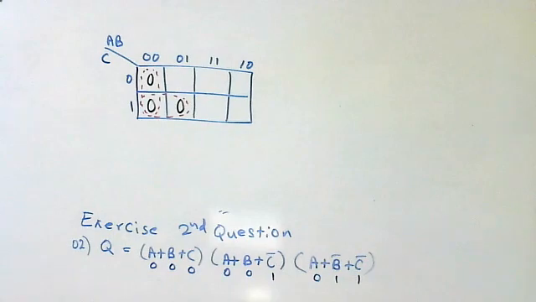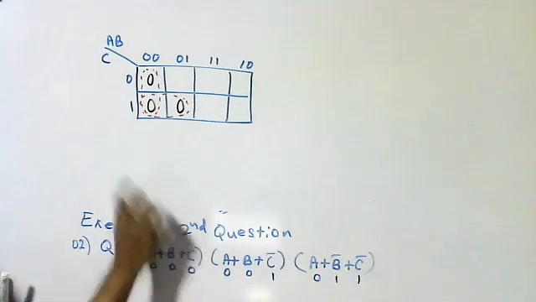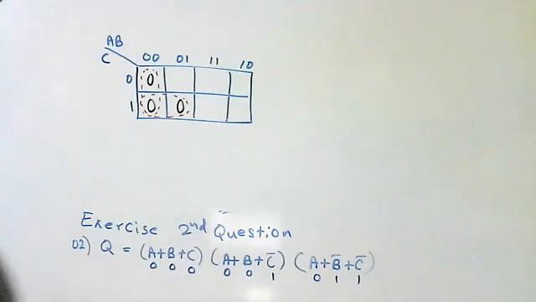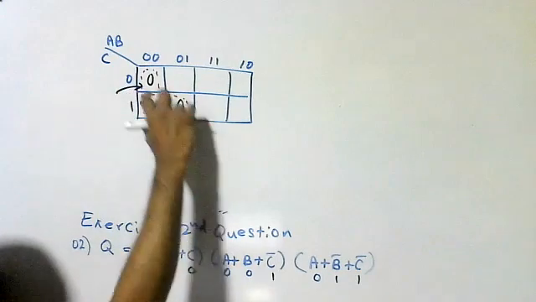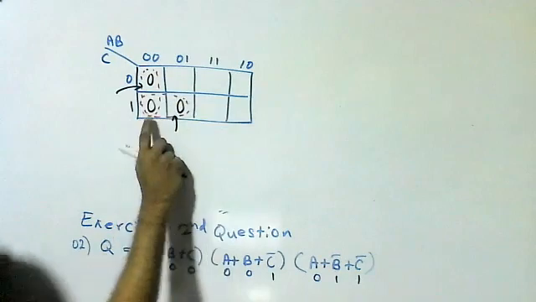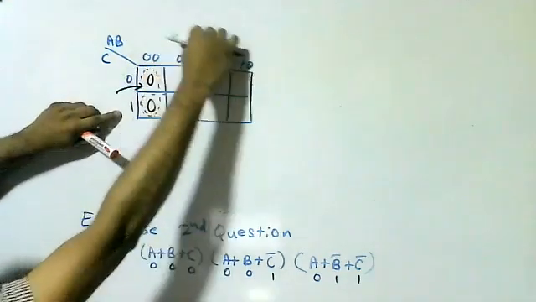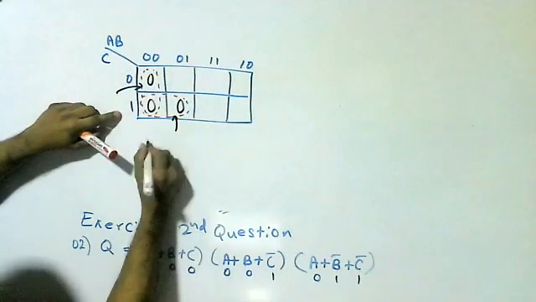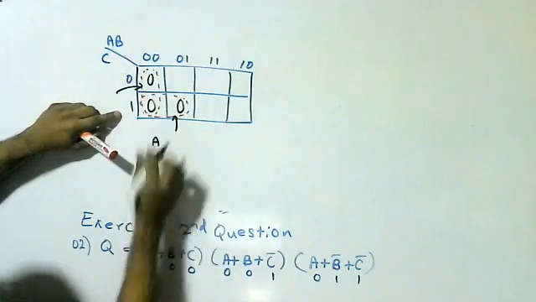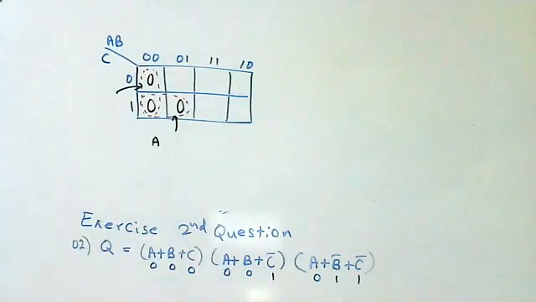Actually, here max terms are given. So we have to consider that plus should be there in between variables. I'm considering this group. Here A is 0, within this group A is 0. So we can have direct A because A is 0.